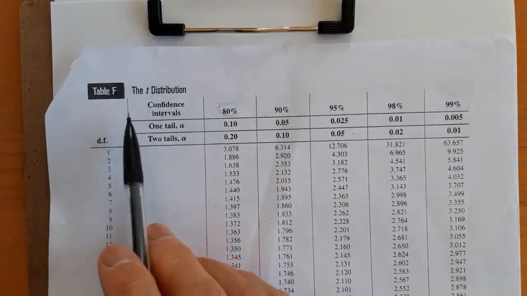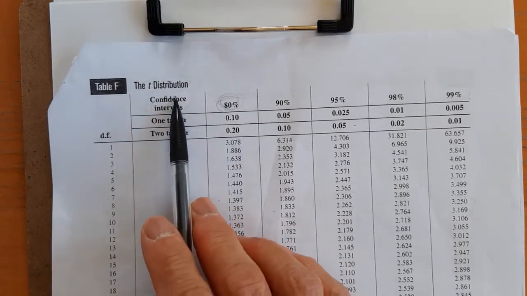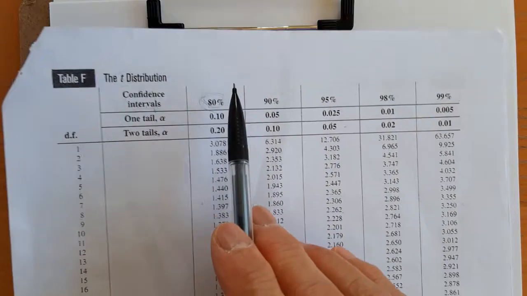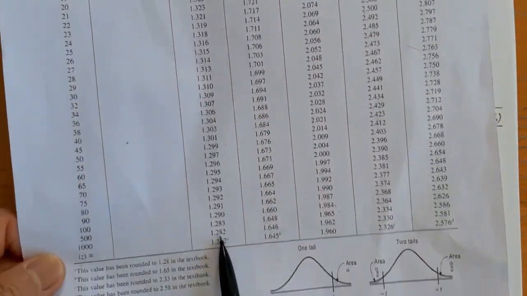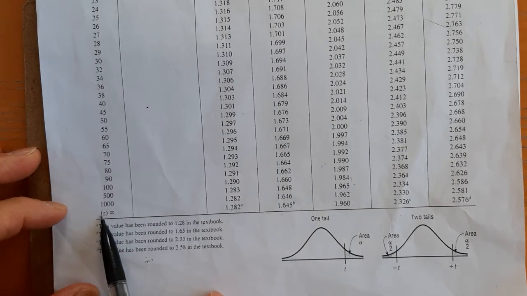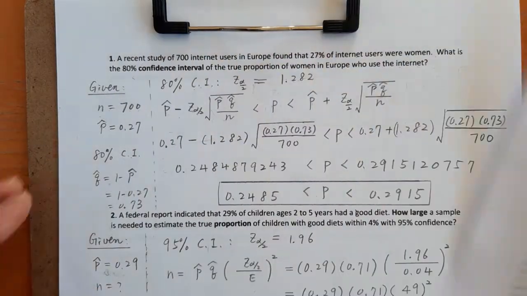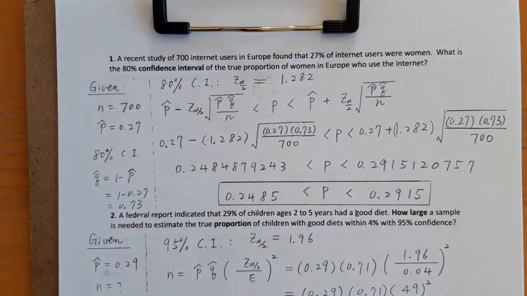Use this T distribution. For the 80% confidence interval, go down to the bottom row. That is a Z score, Z equals 1.282.